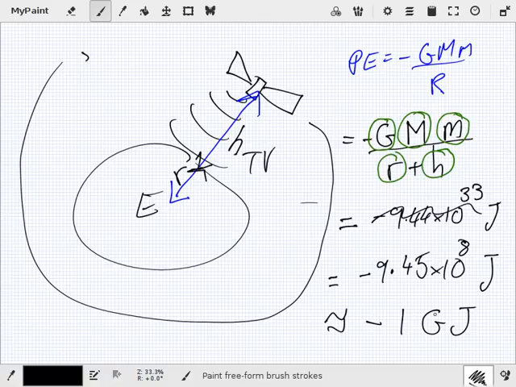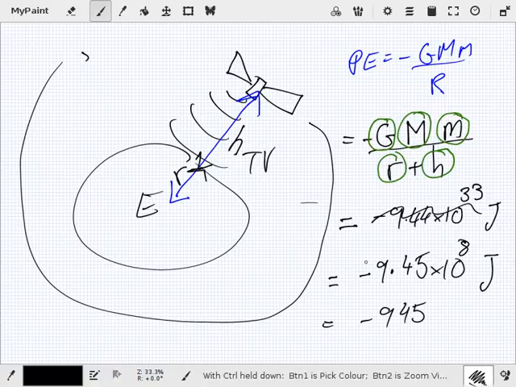If you want to do it more accurately, it's mega... Oh yeah, 10 to the 9. Or more accurately, minus 945... No, I'll just leave it like this. Joules. Okay.